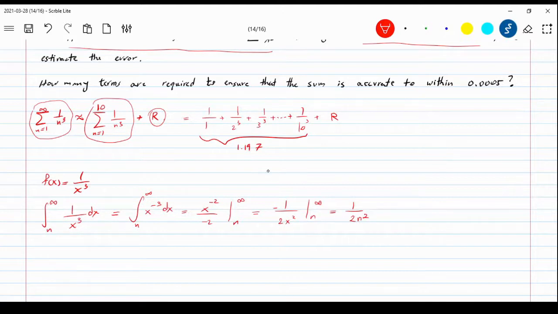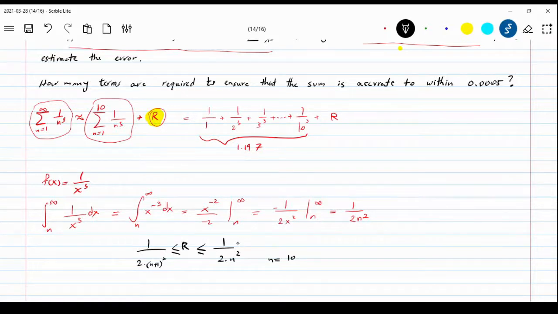So the remainder is bounded between 1 over 2 times n squared, and on the other side 1 over 2 times (n plus 1) squared, where in this case n is simply 10, because we stopped at 10 terms.